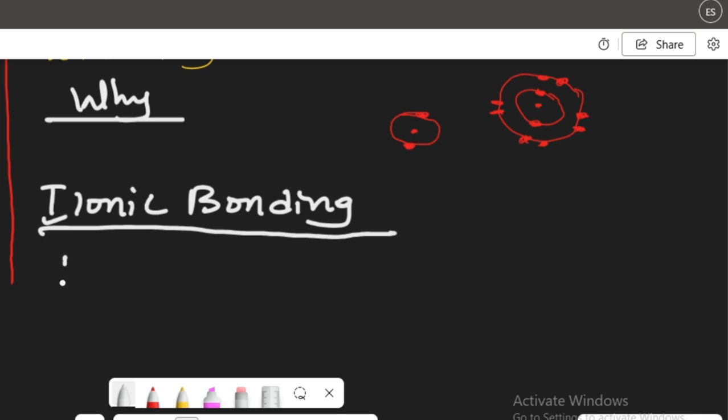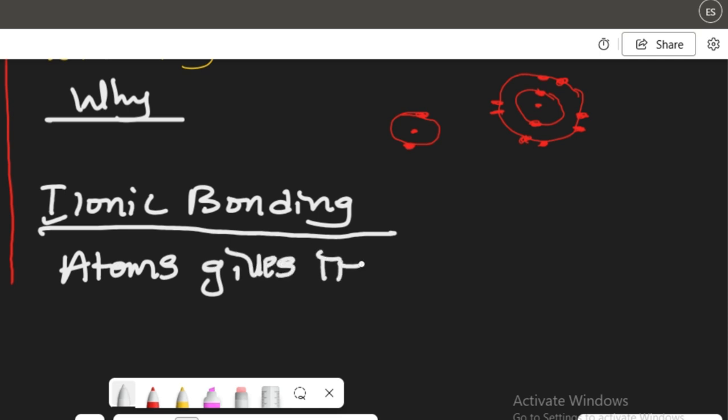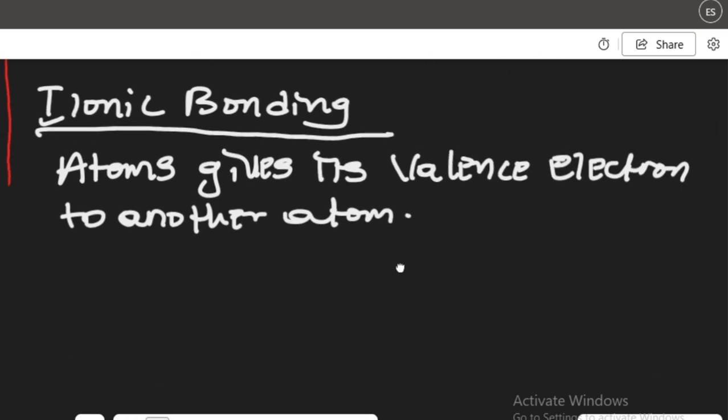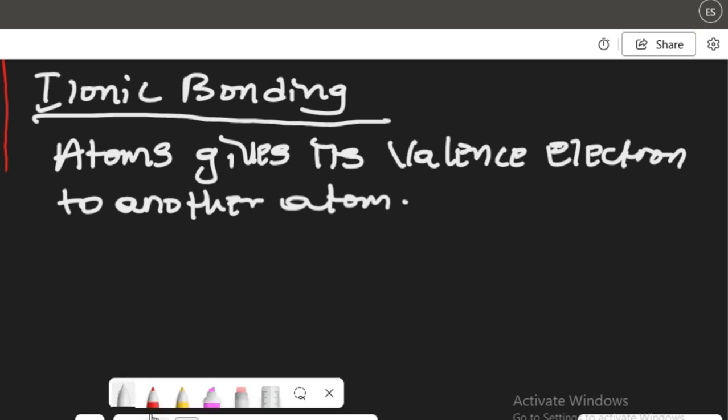When an atom gives its valence electron to another atom, that atom is practicing ionic bonding.